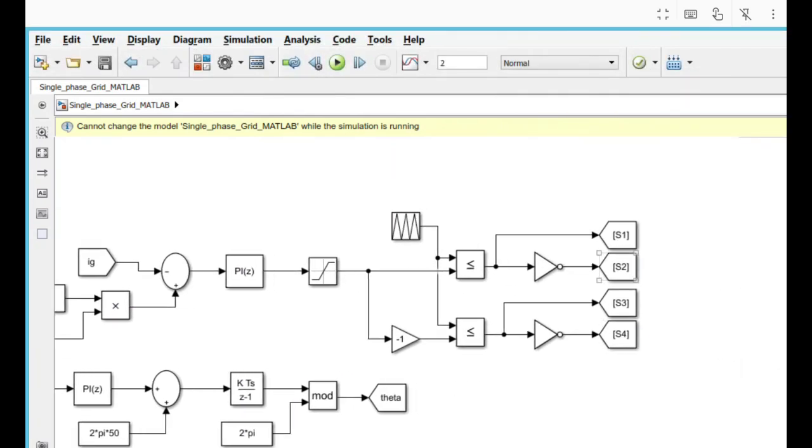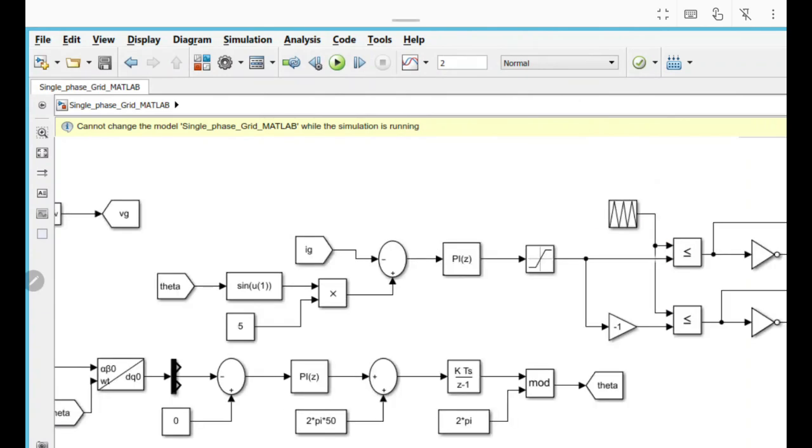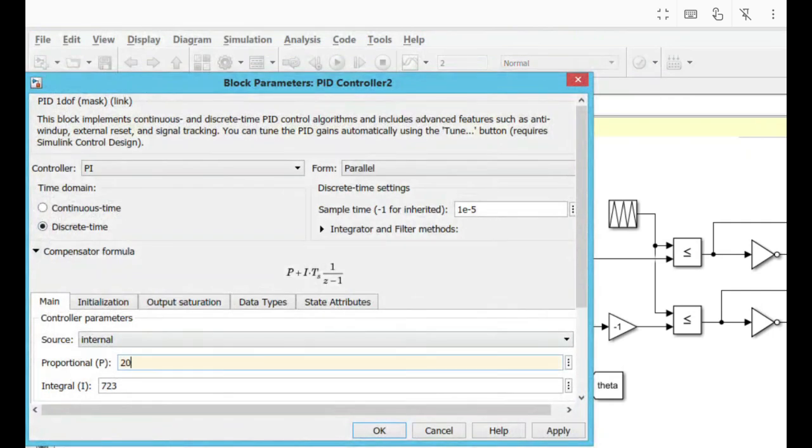I have considered these S1, S2, S3 and S4, and this value is 20 and 257.